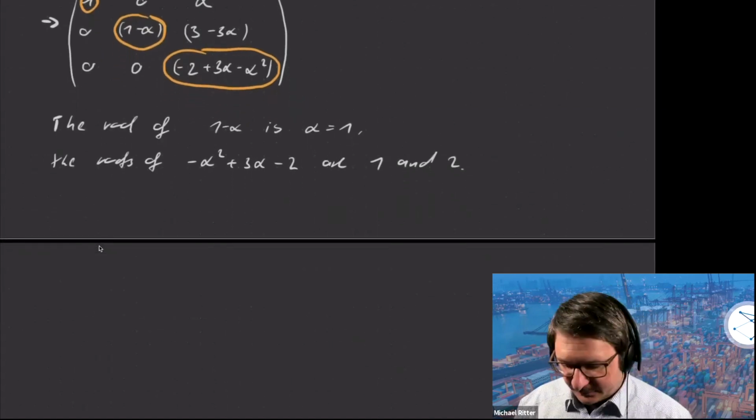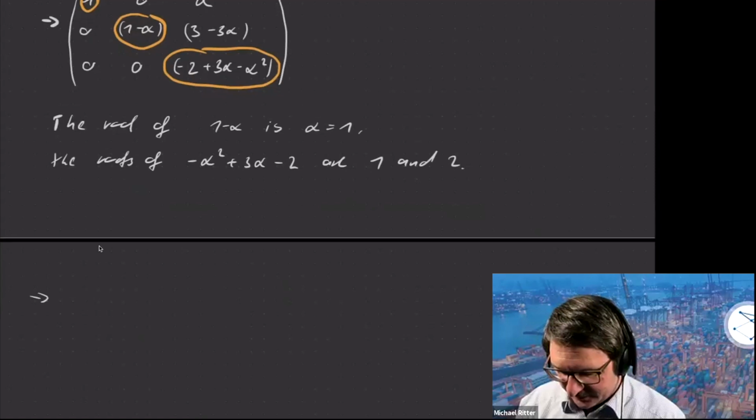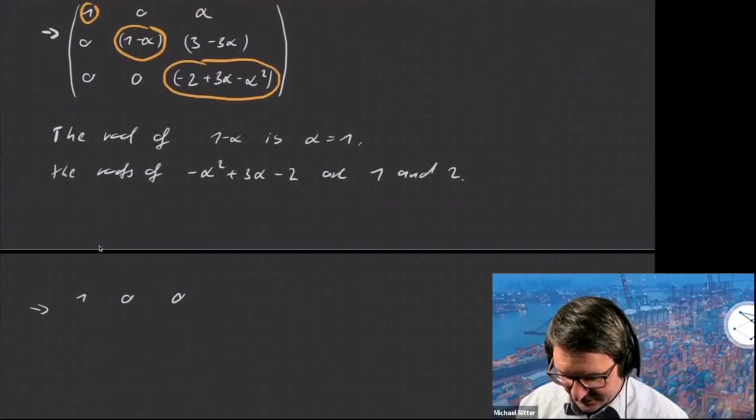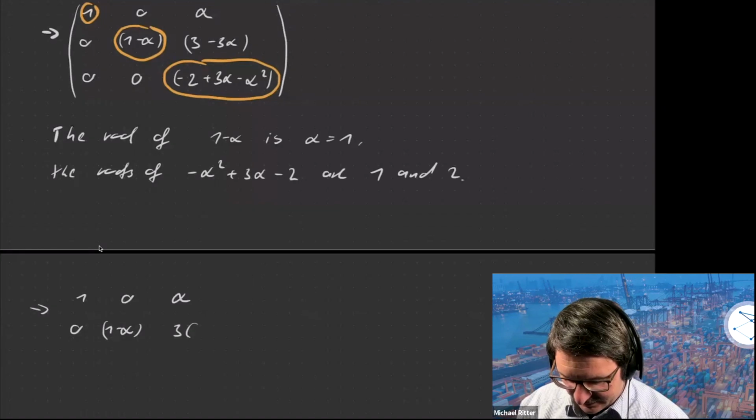Okay, that means our echelon form can also be written in this way, if I want to see the roots right away. 3 minus 3 alpha.